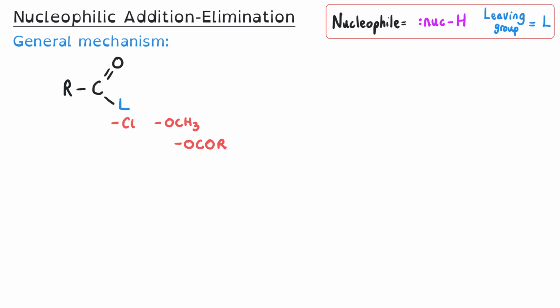This together is generalised and referred to as a leaving group, so I'm giving it the symbol L. The nucleophile that could attack this compound will always have at least one hydrogen atom in it, so I'm going to use Nuc to represent the nucleophile, but I'm also going to show one of the hydrogens for a reason that will become clear. The nucleophile must also have a lone pair on it, which will donate in the reaction, so I'm showing that lone pair as well.